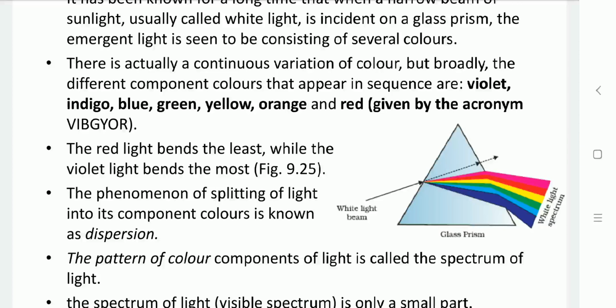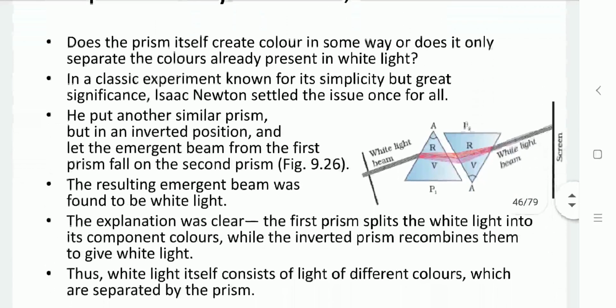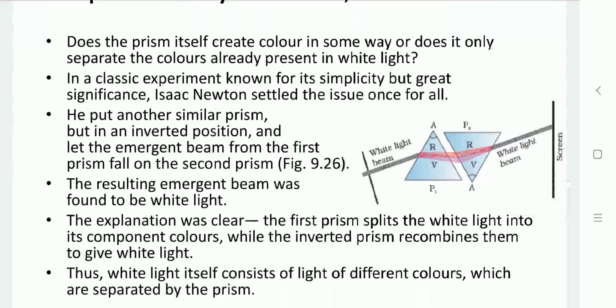Now we want to determine whether the prism creates the colors or only separates the colors from the white light. For that, let us do one activity. Take two prisms and arrange them in opposite directions.